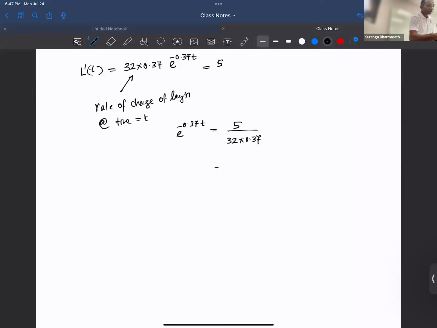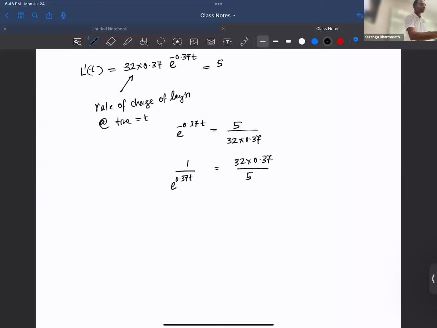You get some number for this, and then you take the natural logarithm of both sides. Or you can write 1 over e to the power 0.37t is equal to 32 times 0.37 over 5.